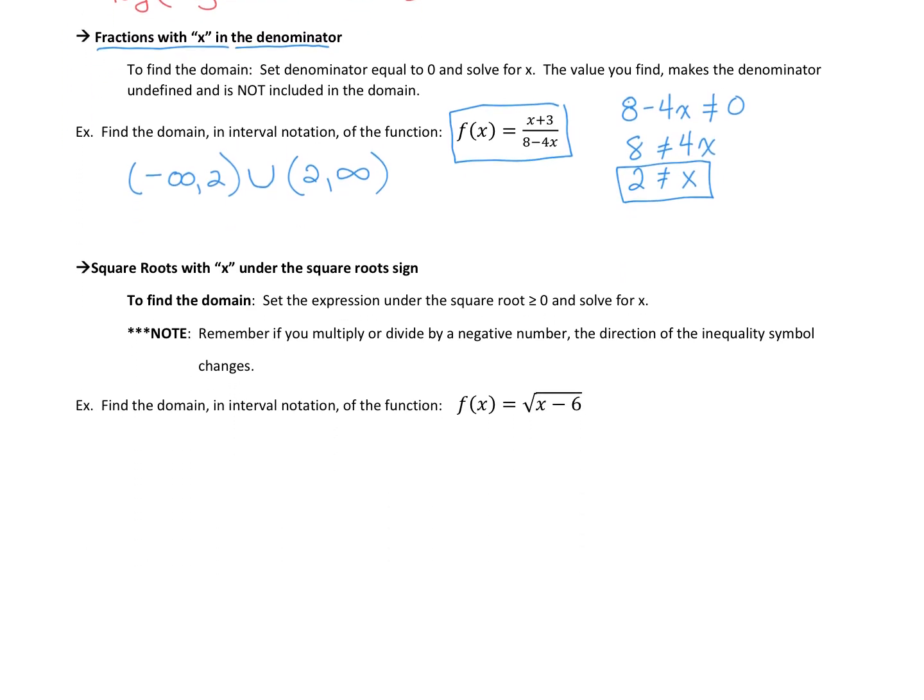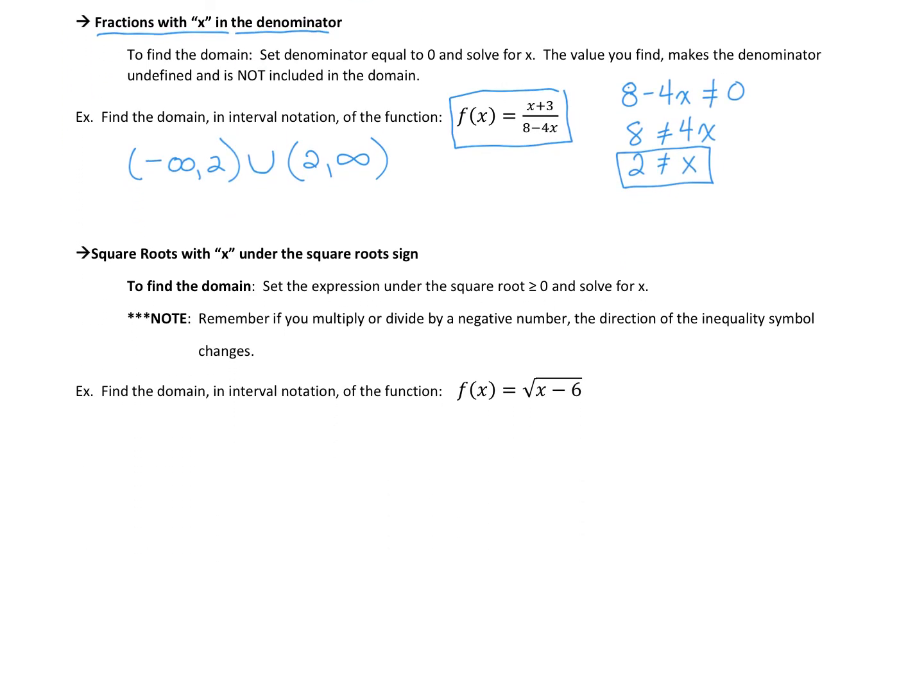Let's take a look at one that has a square root. So in this one, we know that we cannot take the square root of a negative. So we need to look at this, f of x equals the square root of x minus 6, and ask ourselves, what's going to make that negative? Well, in this case, it's a little bit easier for us to say we want the x minus 6 to be greater than or equal to 0.